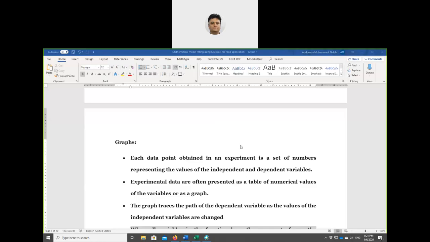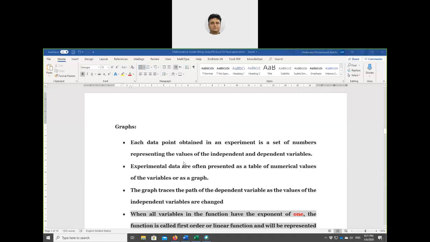Or at one time you have one concentration, and in one position you have one temperature. So each data point obtained in an experiment is a set of numbers representing the values of the independent and dependent variable.